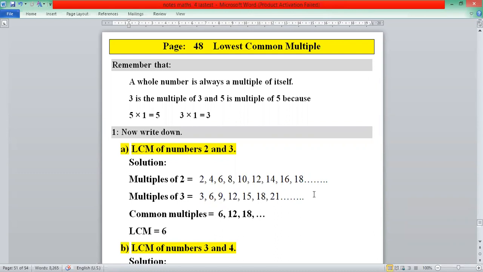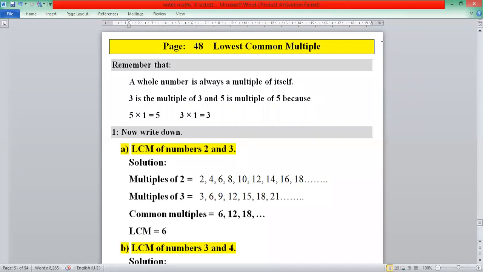Before learning about lowest common multiple, you must know what a multiple is. Last time I told you about multiple. I am going to repeat myself once again. The definition is: a multiple is a number that is divisible by another number by leaving zero remainder.